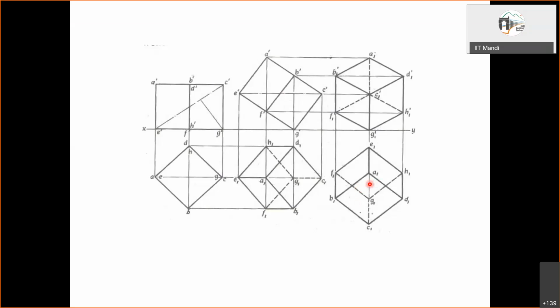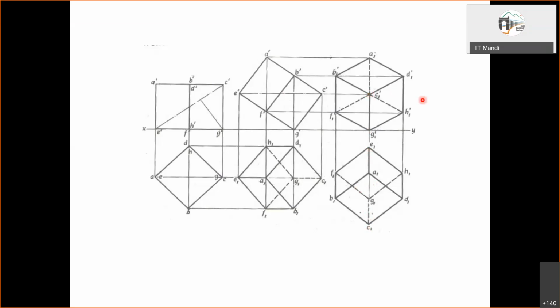Here, it continues to be parallel to the horizontal plane, but has now become perpendicular to the vertical plane. That is why E and C become coincident at this point, and this point represents that body diagonal.